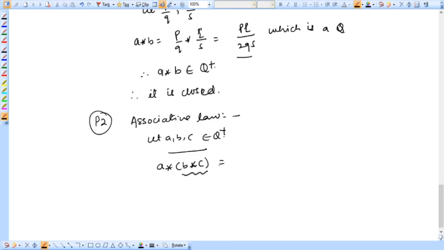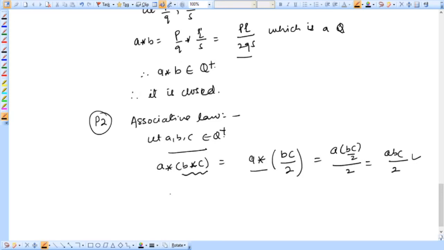Firstly we are going to operate the bracket, so it would be a star bc over 2, because this is the defined operation, right? Now again we are going to operate this star with bc by 2, it would become a times bc by 2 upon 2, which is equal to abc divided by 4.